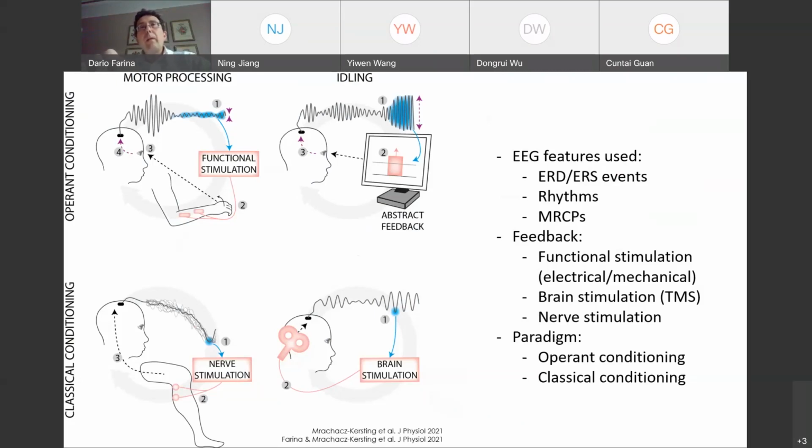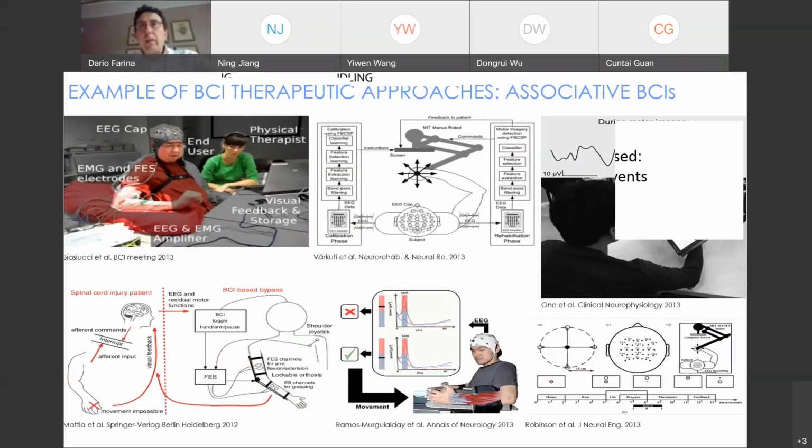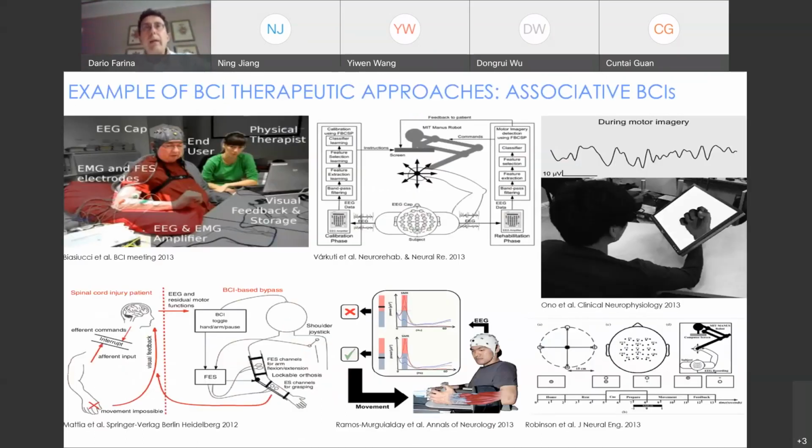Within this scheme, every specific BCI has a heuristic. Every BCI within this scheme will depend on the features of the EEG, on the type of feedback, and so on. Here you can see a number of representative cases of BCIs designed to induce plasticity and specifically designed for therapeutic purposes, with also a number of common characteristics.